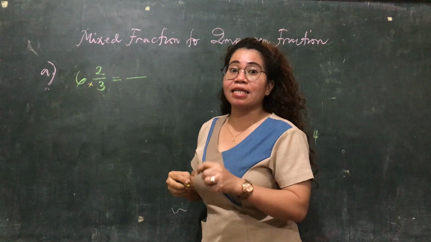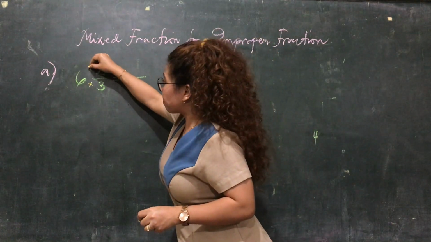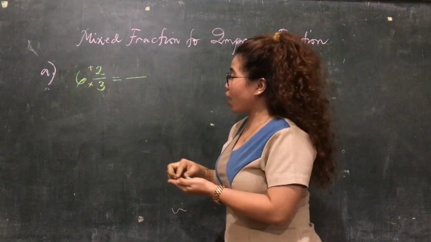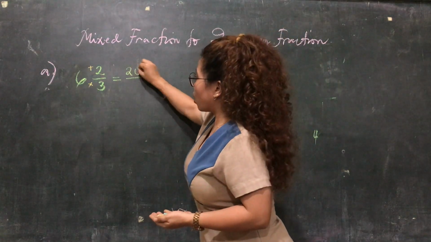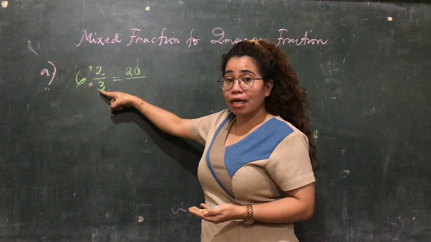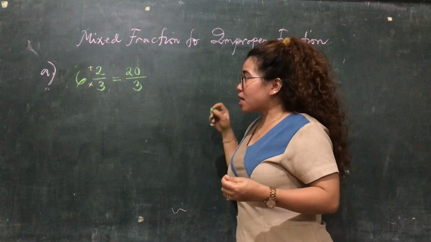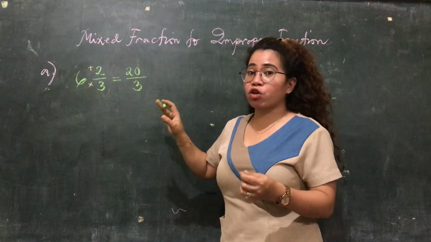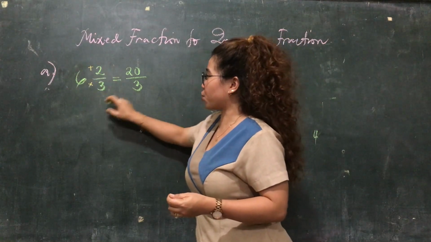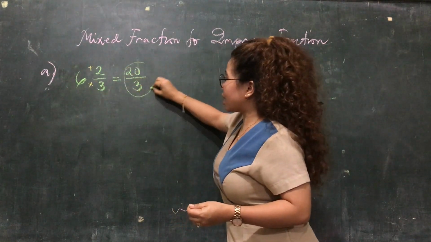Add that 18 to the numerator. 18 plus 2, you have 20 over, copy the denominator 3. So the improper fraction form of 6 and 2/3 is 20 over 3.